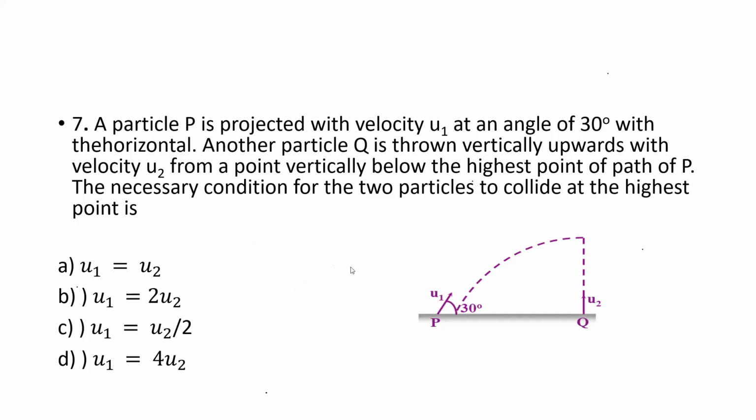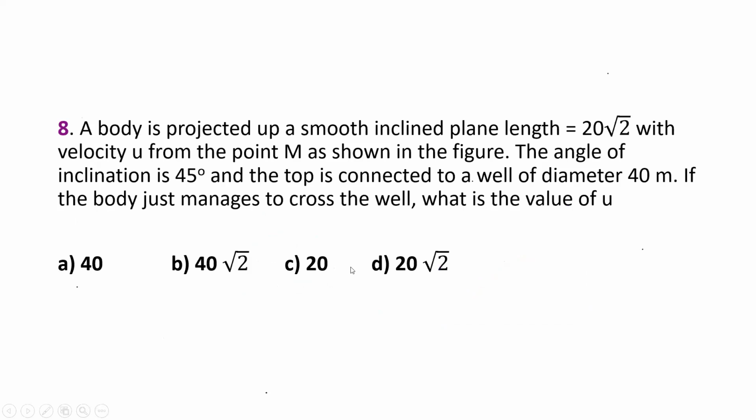Next question is, a body is projected up a smooth inclined plane of length 20 root 2 with velocity u from the point M as shown in the figure. Okay, so I'll draw the figure.